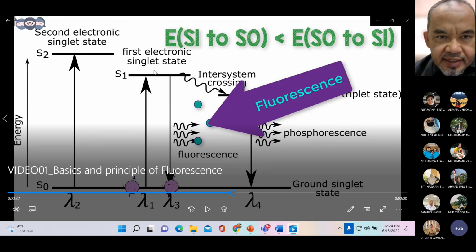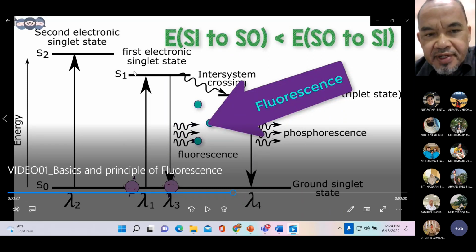They are going to go to either the first electronic singlet state, or maybe the second electronic, third electronic, and so on, because we have so many possibilities. So we assume the excitation is from S0, singlet 0, to singlet 1.